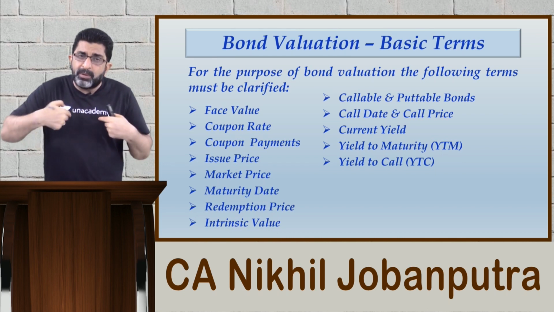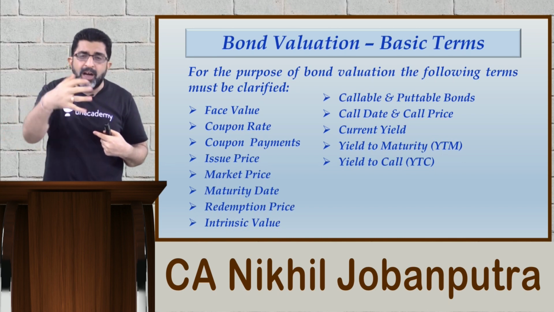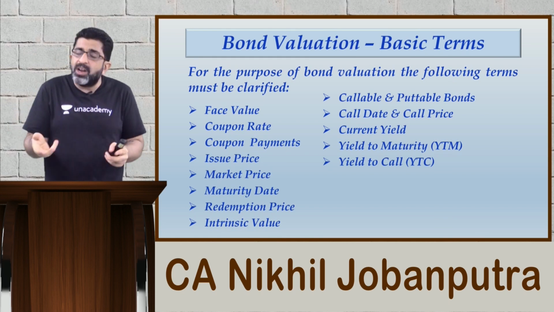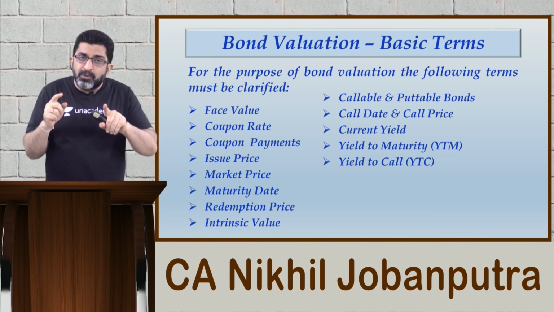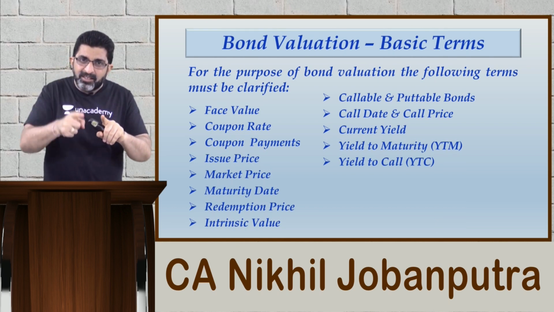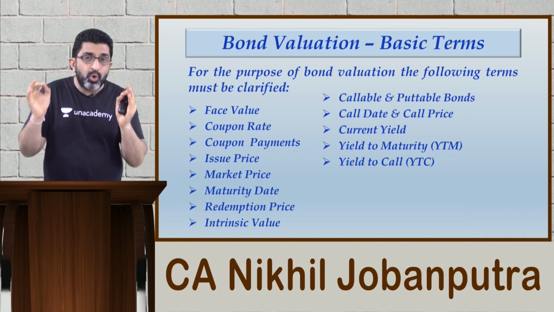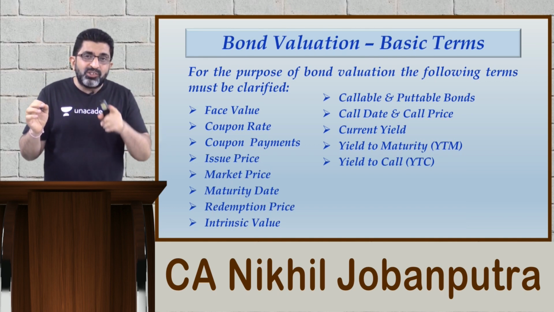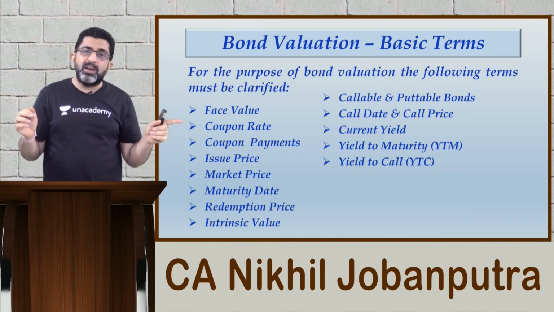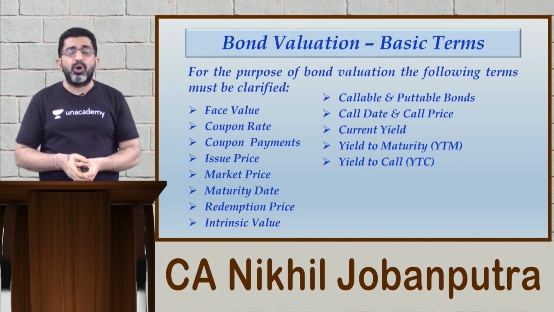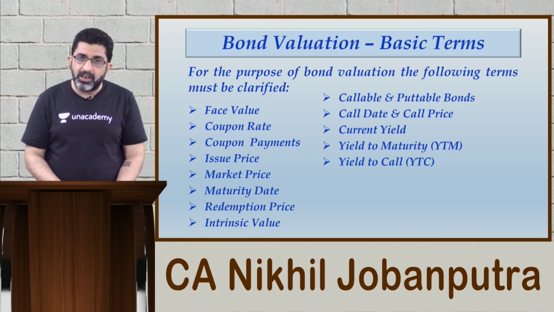If I have issued the bond, it will be my choice. If I want, I can repurchase my bonds at that date. If I don't want, I will not do it. So if the repurchase is made, then what the investor will end up earning is just the yield to call. If repurchase is not made, then the investor will earn the overall rate of return up to the maturity, which is called yield to maturity.